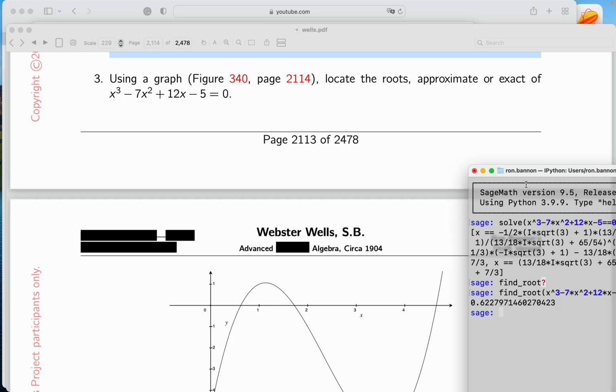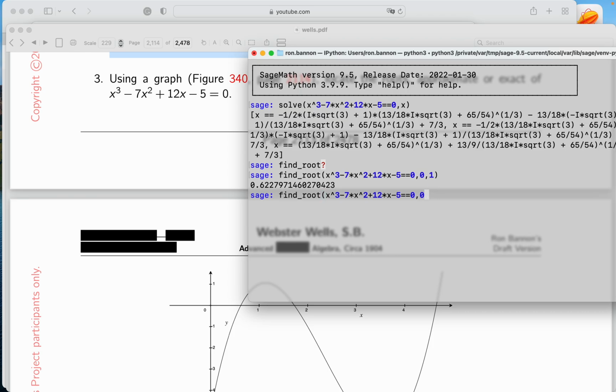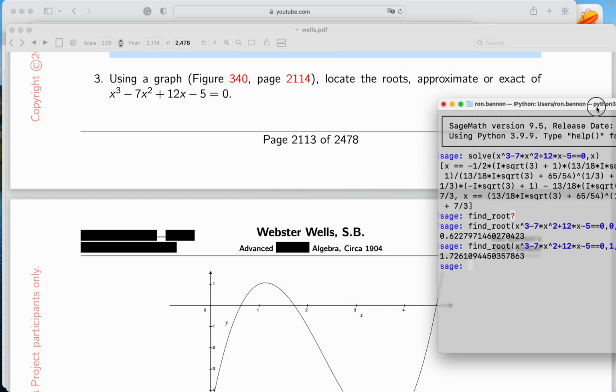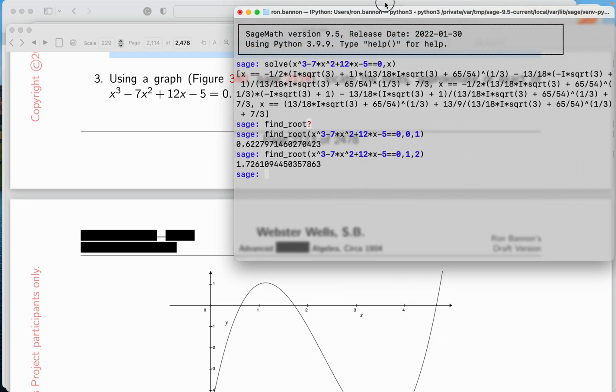Let's say I want to go between a different bound, between 1 and 2 now. So I'm telling Sage to concentrate on just between 1 and 2. And what does it give me? Well, 1.7, and so on. We got this with the other application as well, but not to that level of accuracy. What's the other one going to be? Between 4 and 5, right?